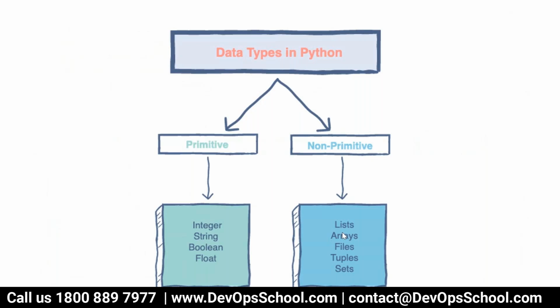So primitive means those which came from the first few Python releases: integer, string, boolean, and float. Non-primitive means list, arrays, files, tuples, and sets.